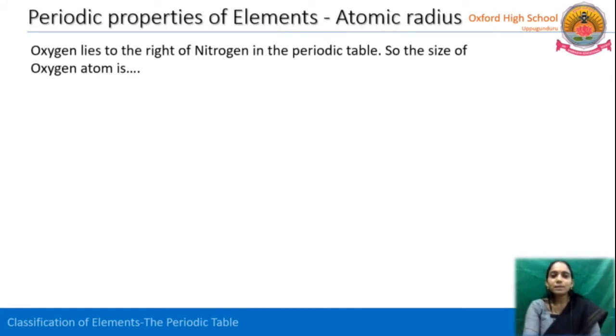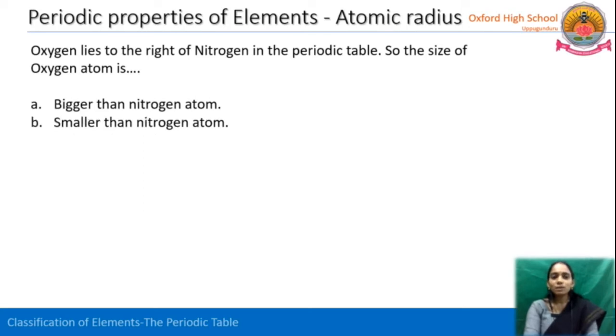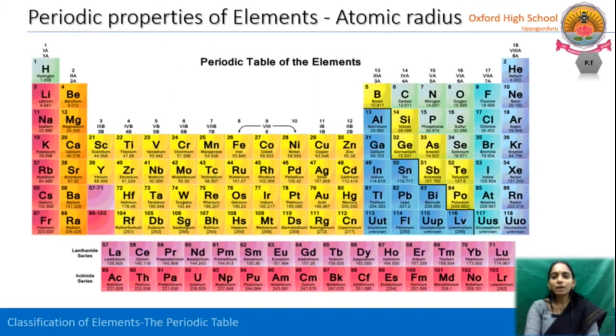Let us answer this question. Oxygen lies to the right of nitrogen in the periodic table. The size of the oxygen atom is either bigger, smaller or equal. Let us see here. This is the periodic table, and where are nitrogen and oxygen located? They are in the second period. We know that in a period from left to right, the atomic radius decreases, because the number of shells is the same, but the nuclear force of attraction increases.